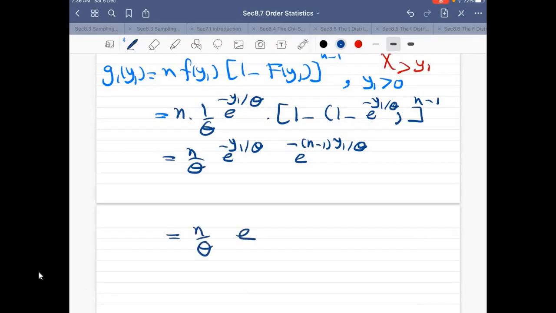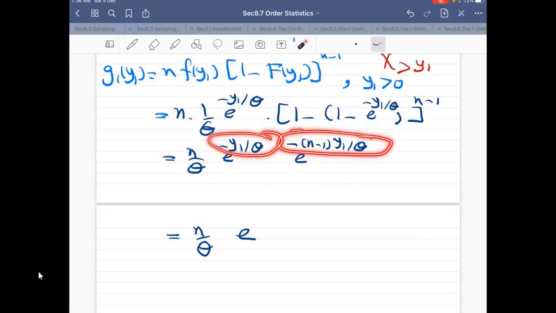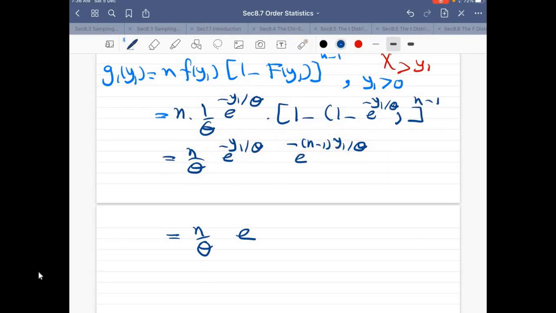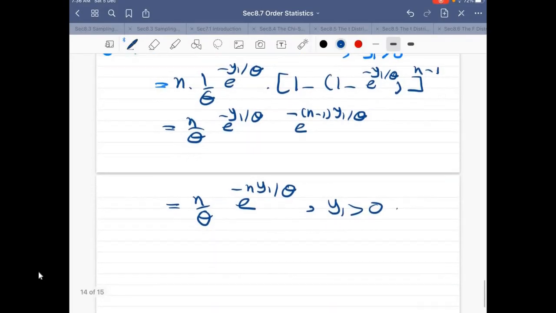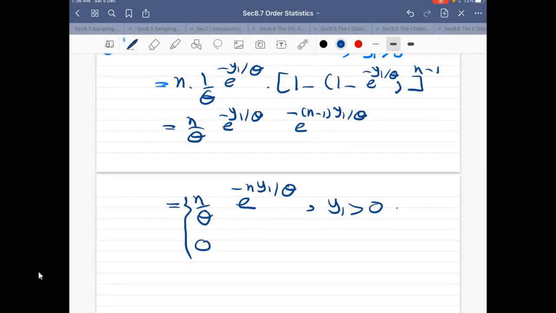Okay, n over theta, I have the same base. When I add up these two exponents, I have minus n minus 1 plus 1, so the minus 1 y1 over theta will cancel, and we'll end up having only e power minus n y1 over theta for y1 greater than 0. So this is the density for the minimum, and 0 elsewhere.